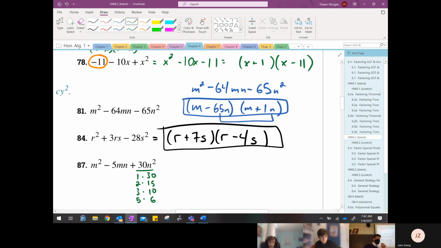Now that's a positive 30 and it's a negative 5. So if we were going to pair them up, we would want all the negatives. So you guys tell me which of those pairs adds up to negative 5? Trick question. None of them.